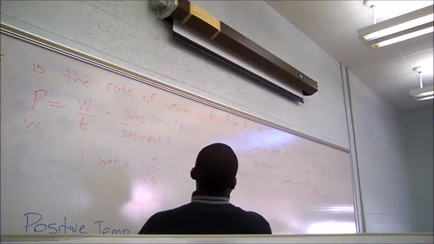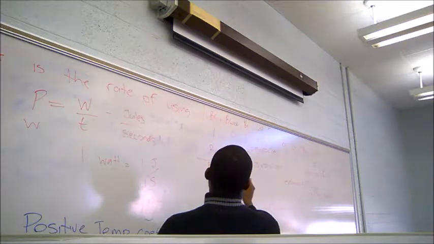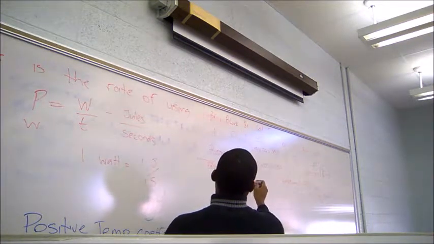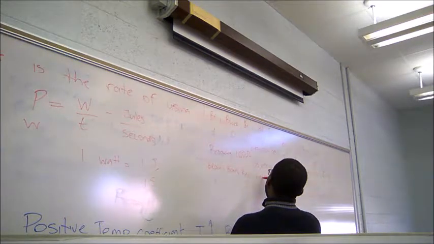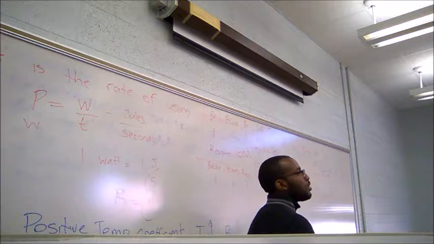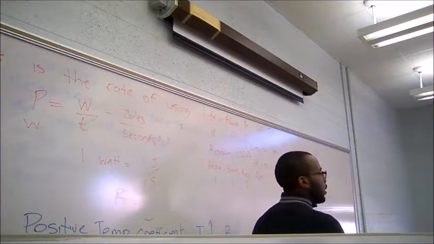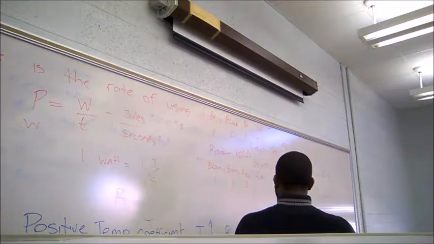What does brown represent? 1. What does brown represent? 1. What does red represent? And the tolerance is red as well. Okay, how much percentage tolerance do you think red represents? Red represents 2%. Again, red in the fourth band represents 2%.